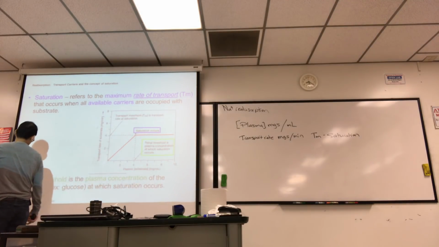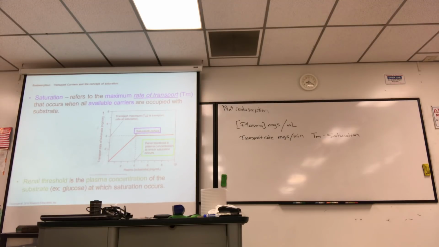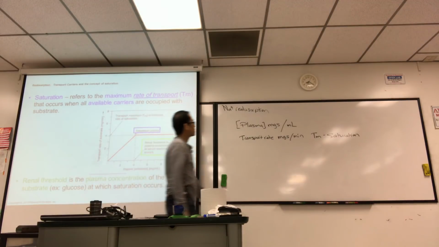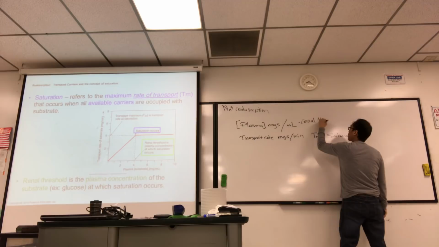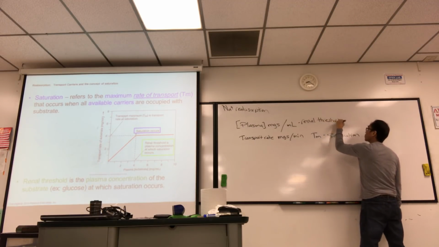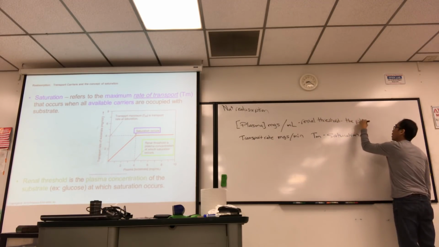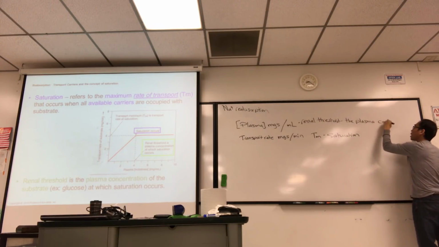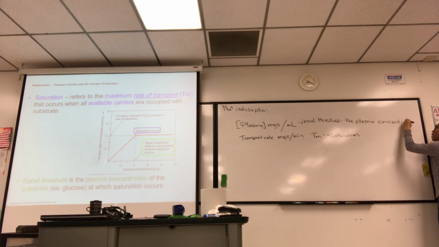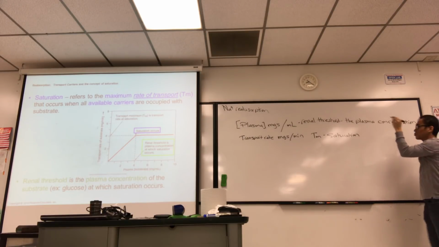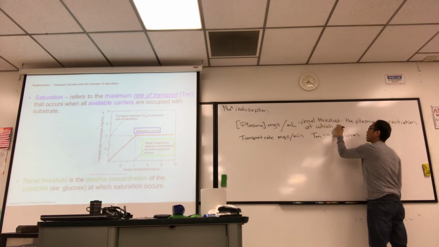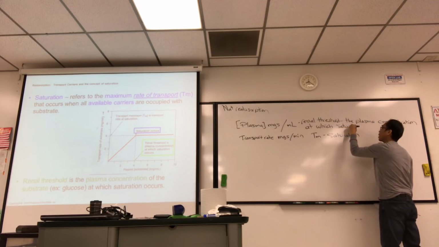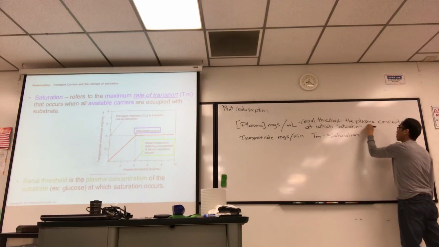Renal threshold is the plasma concentration at which saturation occurs.